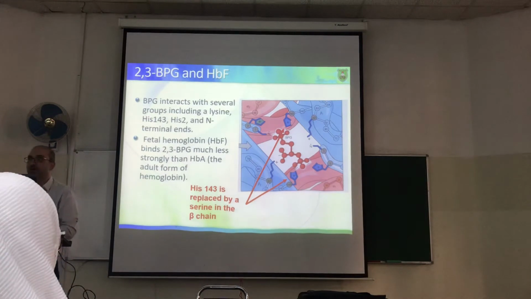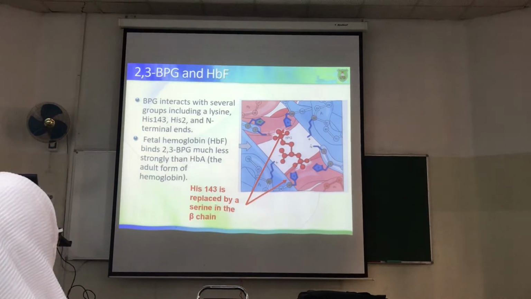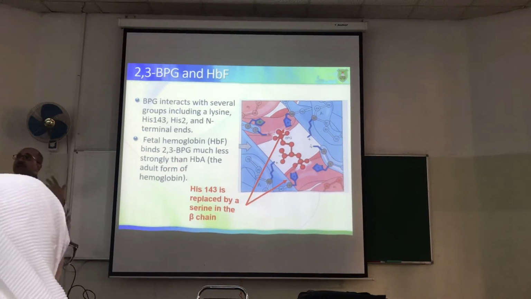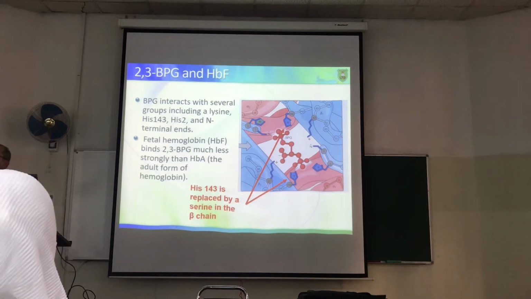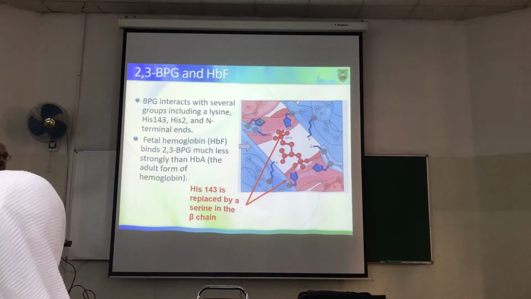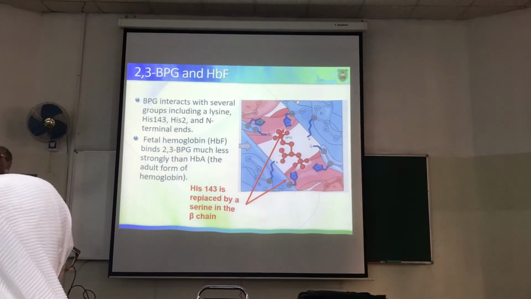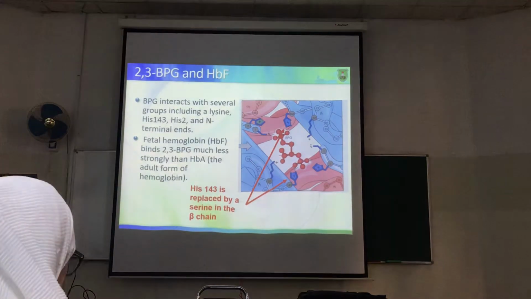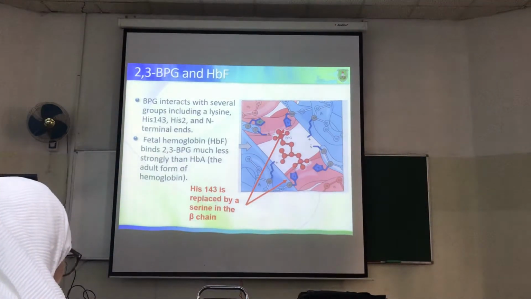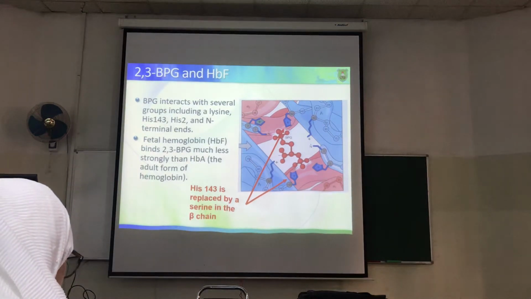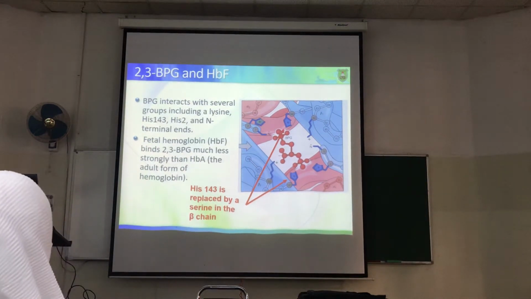electrostatic interactions. What's important about histidine 143 is that it is not present in fetal hemoglobin. It's not there. Now, it's not a mutation, it's just that it is a variant. Maybe in one of my lectures I said there's a mutation in fetal hemoglobin. I apologize. It's just a variant. Okay, it's not necessarily a mutation.